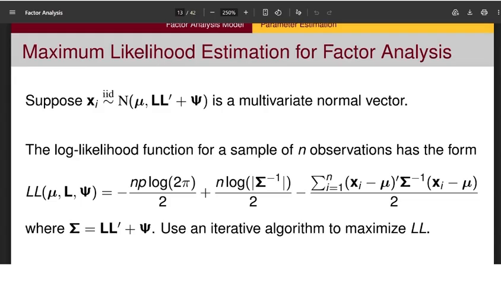Now, to use the method of maximum likelihood, we want to provide the best estimate of the parameters in the factor model, with the belief that the model will maximally fit the data.